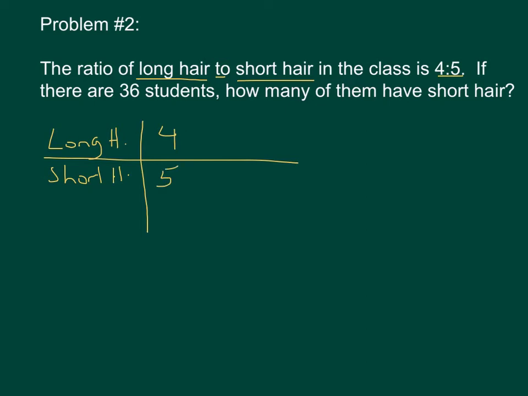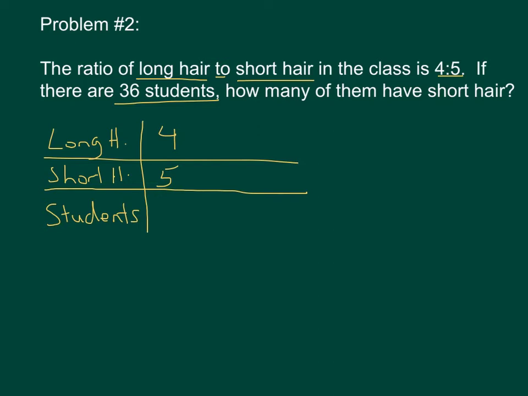Now, because the next thing says that there are 36 students, it's referring to all students, not specifically long hair or short hair, but all students in general. So, I actually have a 3rd row to my ratio table. I call this a triple ratio table because I started off with a part-part situation.